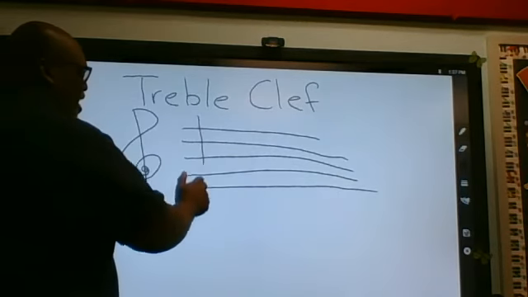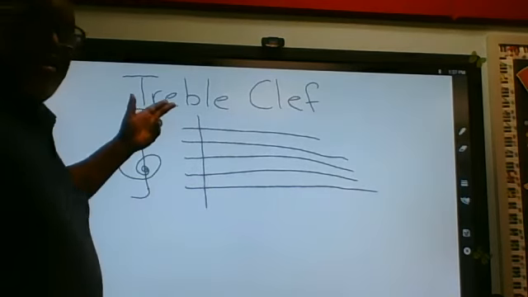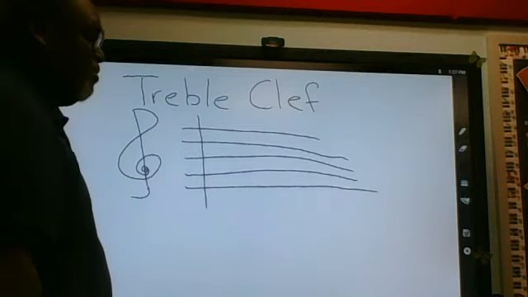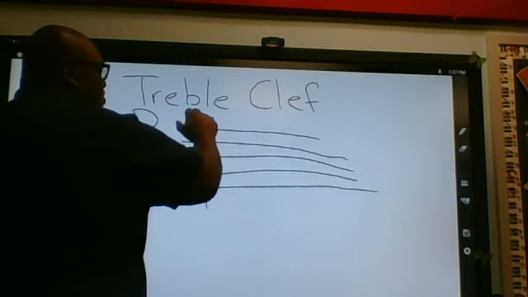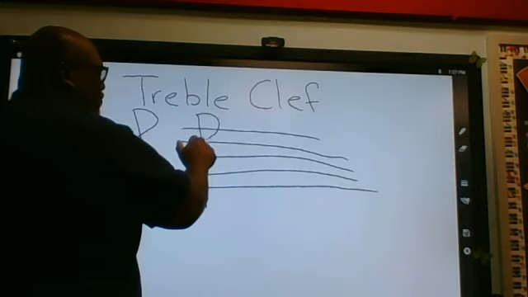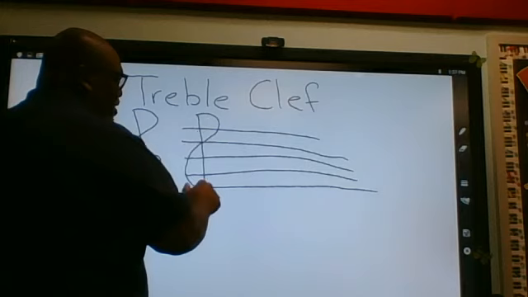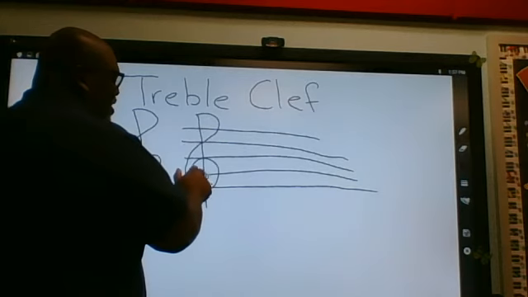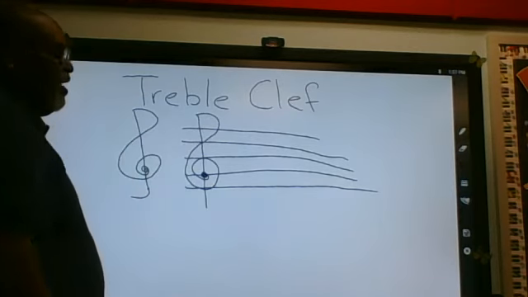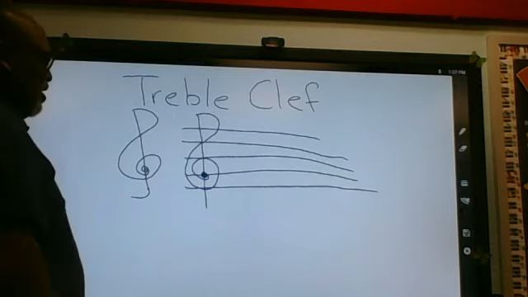You want to draw a straight line, a little bit above and a little bit below. You want to go to the top, come down to the 4th line, swing out, hit that bottom line, curl up on that 3rd line, and then tighten it up on that 2nd line. Bam. That's a treble clef.